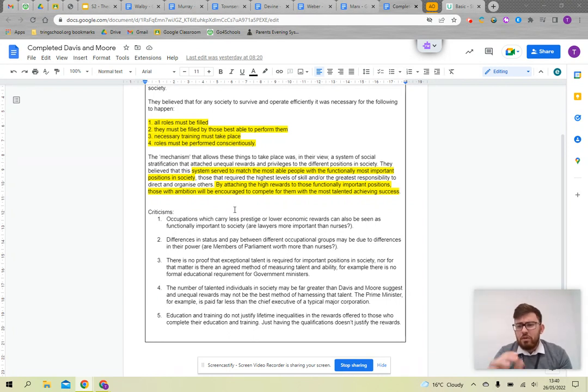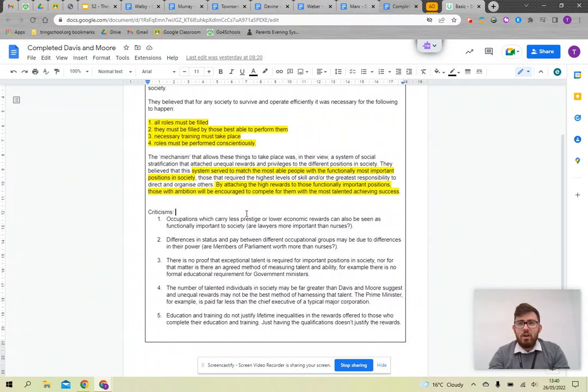So the key one that I want to highlight to you, and by all means read all of these because they are good, is talking about this bit: the system served to match the most able people with the functionally most important positions in society.